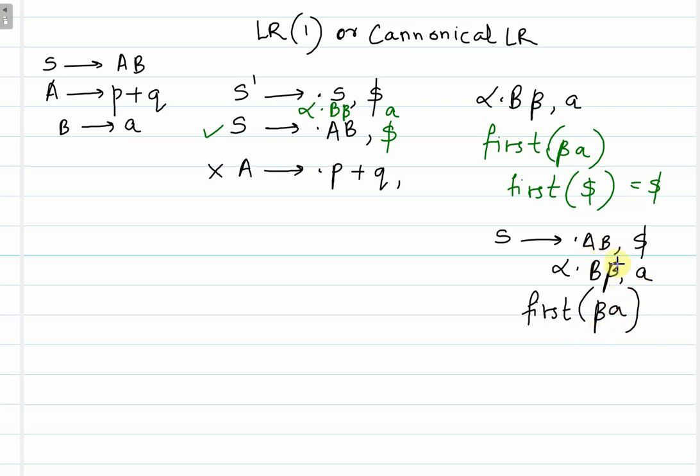In this case, β is B and A is $, so it is as good as first of B. If you look at the original grammar, first of B is small a. So a comes as the lookahead symbol for this production.